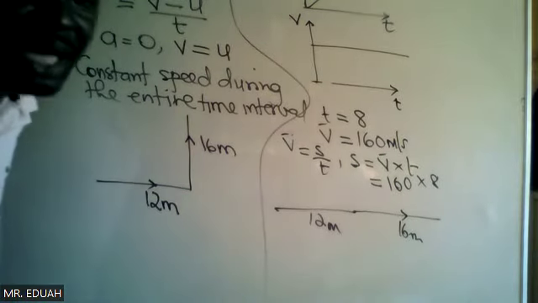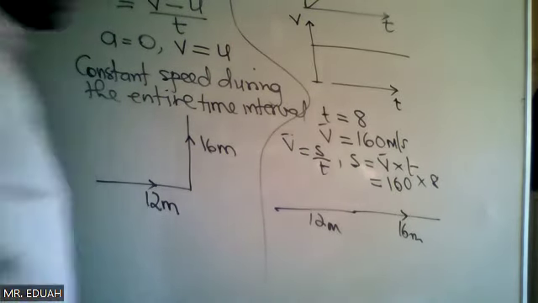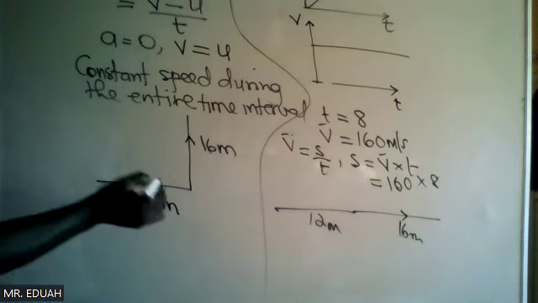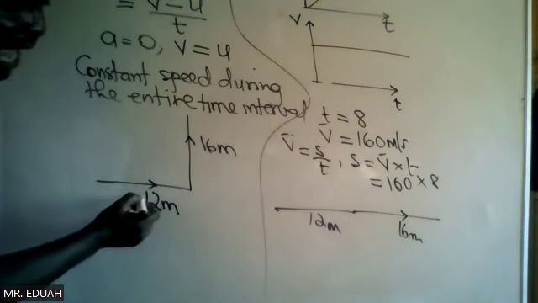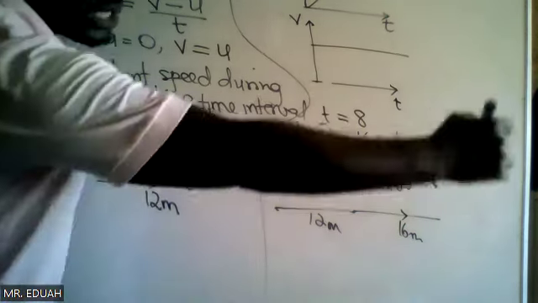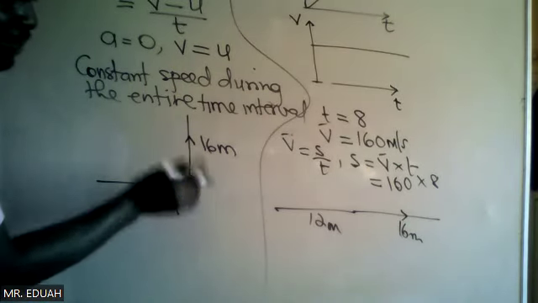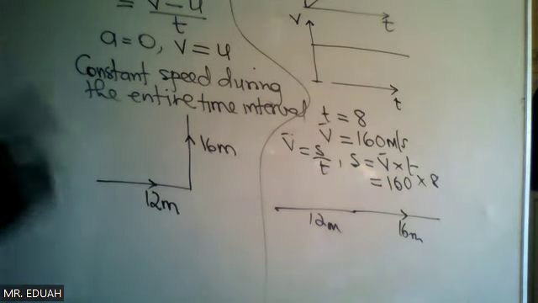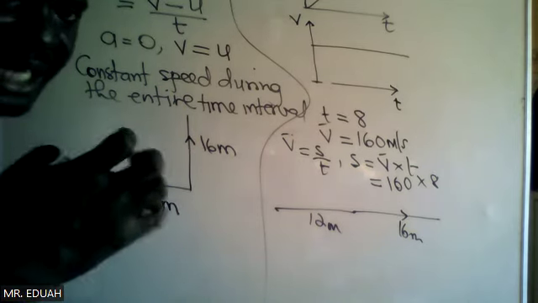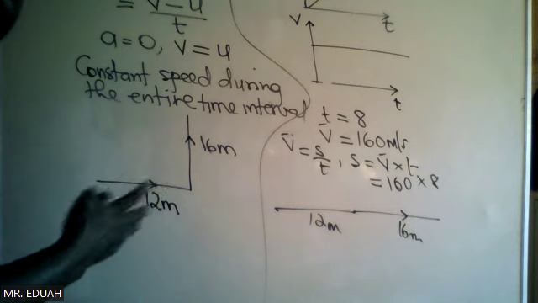We only add the two displacements. But here the two displacements are along the horizontal plane and along the vertical plane, so you must find the resultant using vectors. I think you will understand better when we come to vectors.